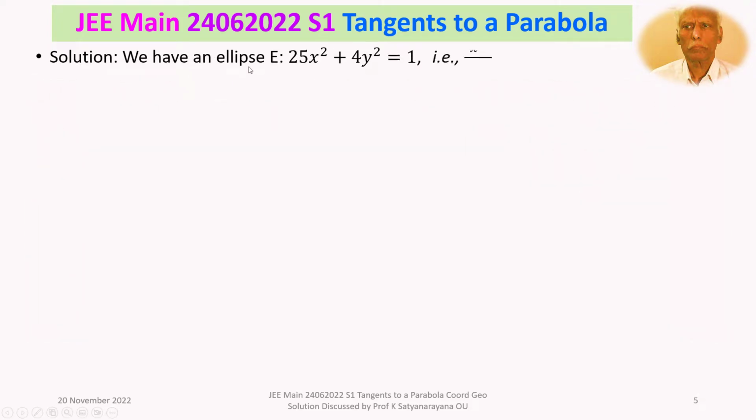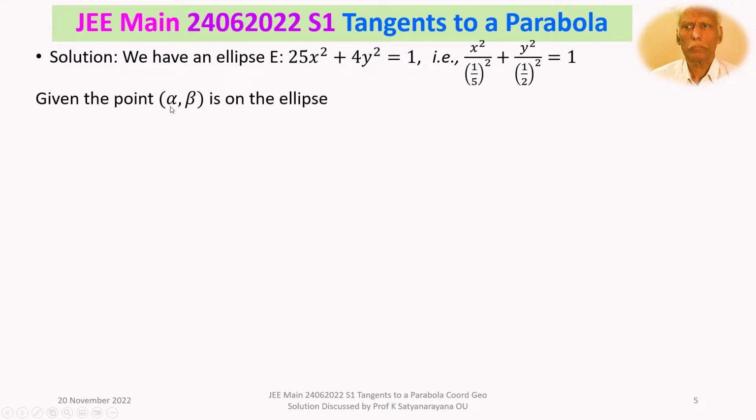We have the ellipse 25x square plus 4y square is equal to 1. Putting this equation in the standard form, we get x square by (1 by 5) whole square plus y square by (1 by 2) whole square is equal to 1. It is of the form x square by a square plus y square by b square is equal to 1.